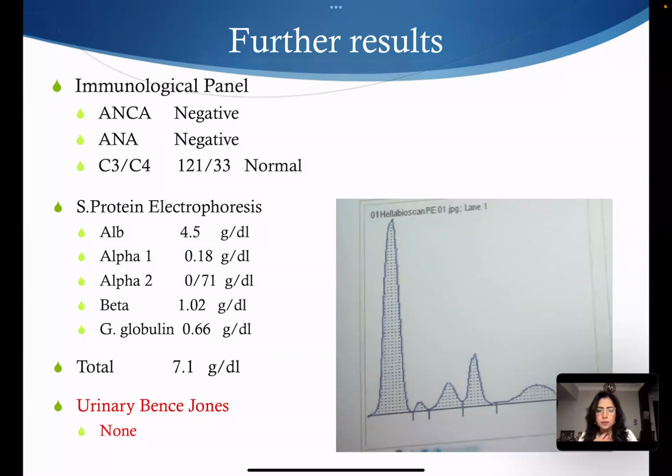And please note that the presence of a monoclonal band is not a direct function of increase or decrease of one of the components, like the gamma globulin or the alpha 1 or the alpha 2 or whatever. So an M band is an issue, and the change in the proportion of the proteins in the protein electrophoresis is another issue.